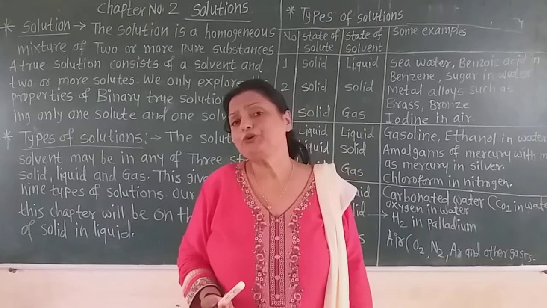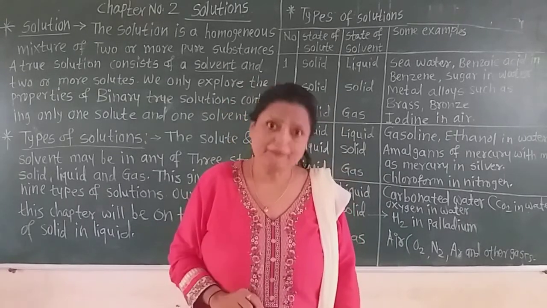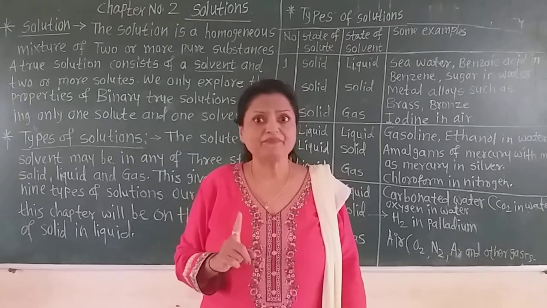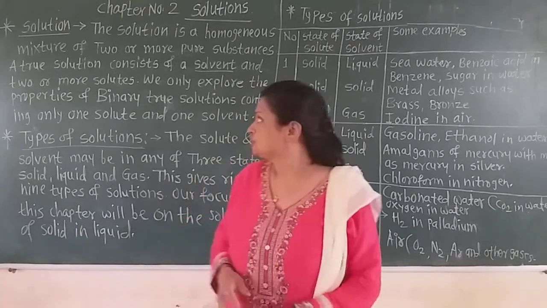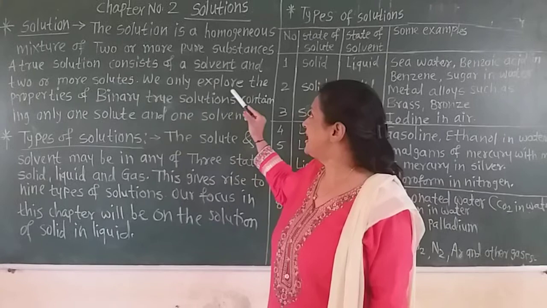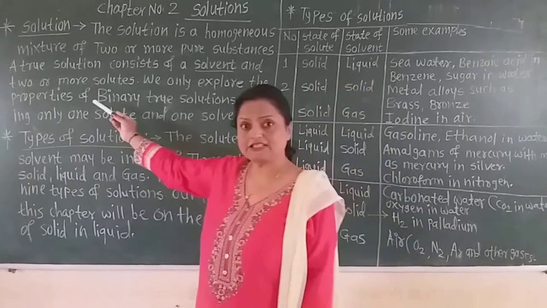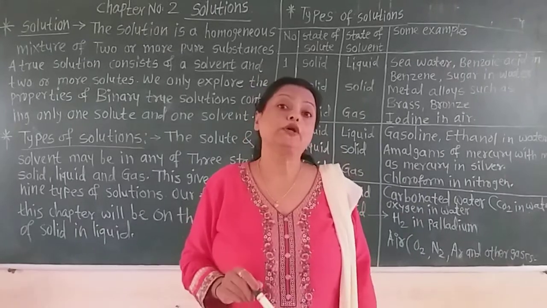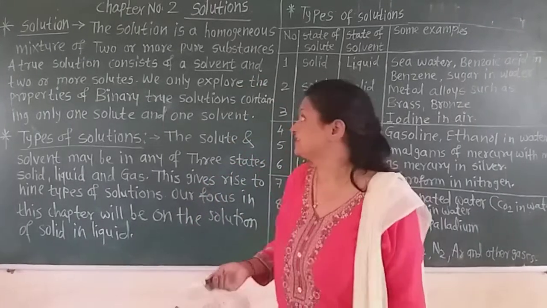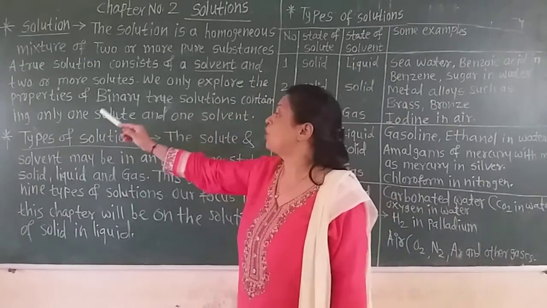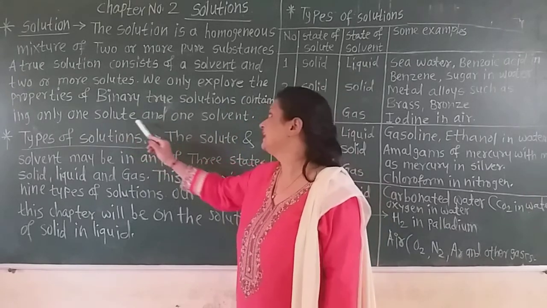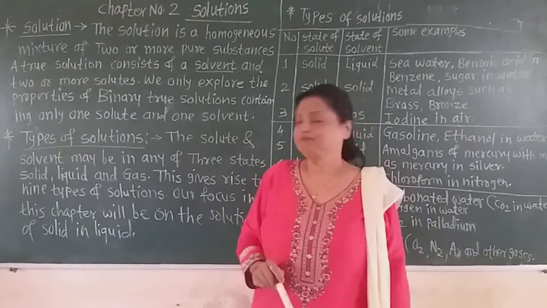What is a binary true solution? That means in a binary true solution, there is only one solute and the solvent. So, we only explore the properties of binary solutions containing one solute and one solvent.